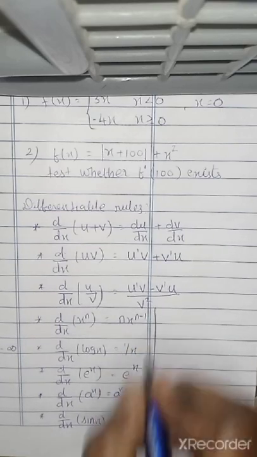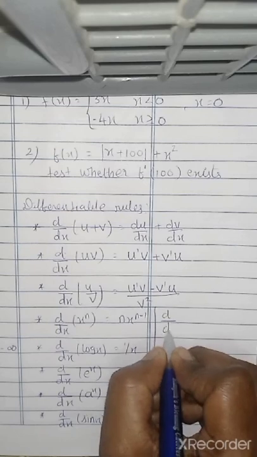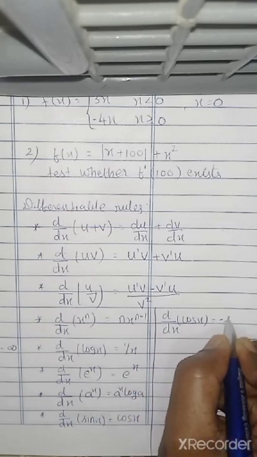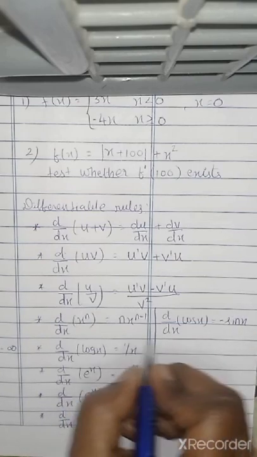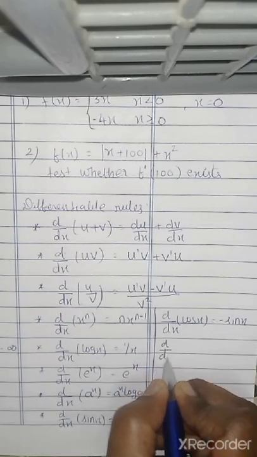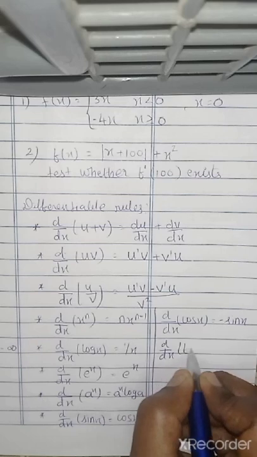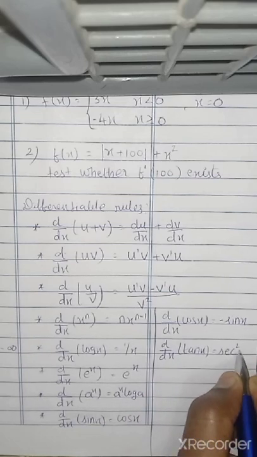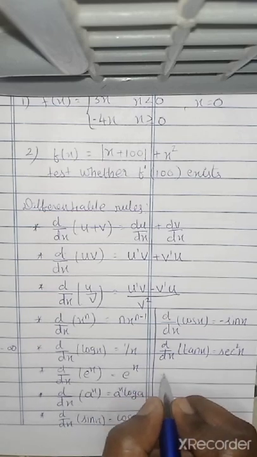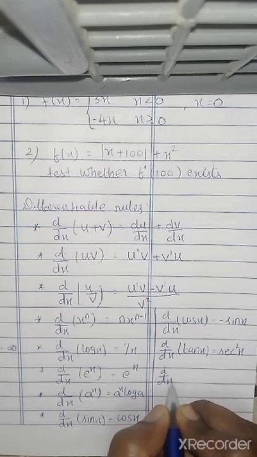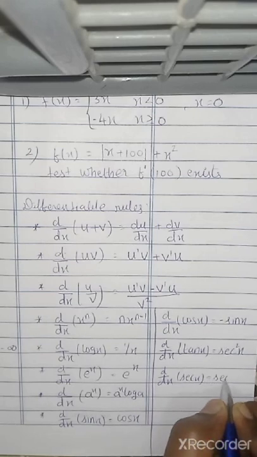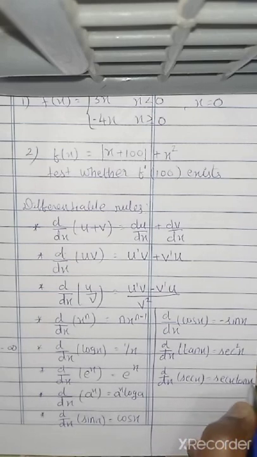Next set of formulas, d by dx of cos x, the answer is minus sin x. Next, d by dx of tan x, the answer is secant square x. Next, d by dx of secant x, the answer is secant x tan x.